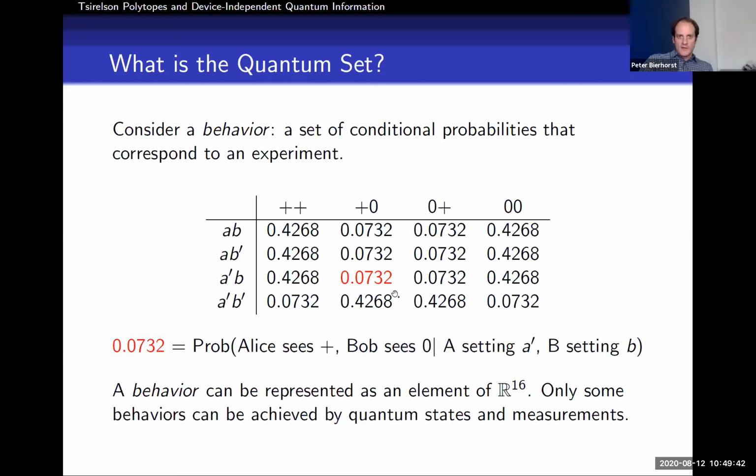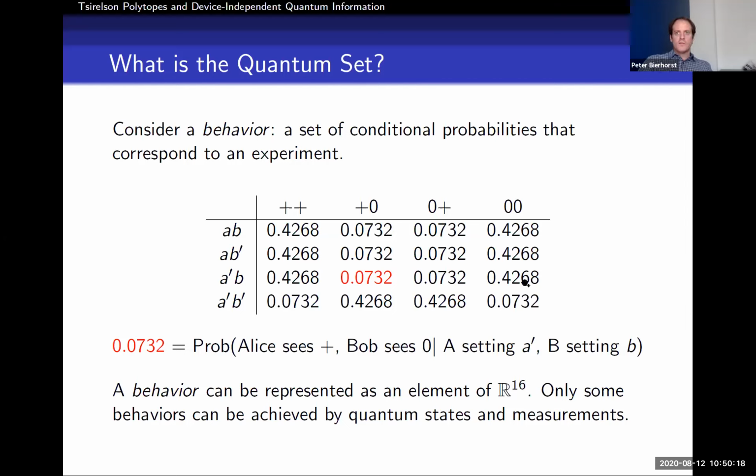Hopefully now you're getting some sense for this table: 0.0732, as I've said down here, is the probability that Alice sees a click and Bob sees no click, given that Alice has her apparatus on setting A prime and Bob has his on setting B. Alice comes first, so the plus followed by the 0 means Alice sees something and Bob doesn't.